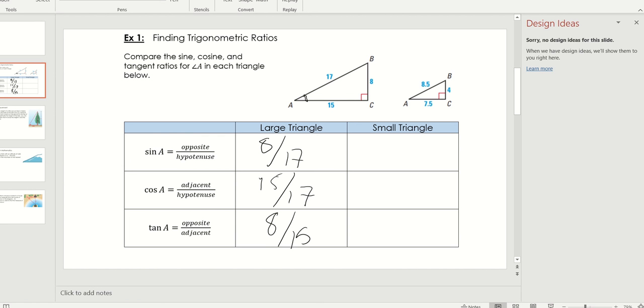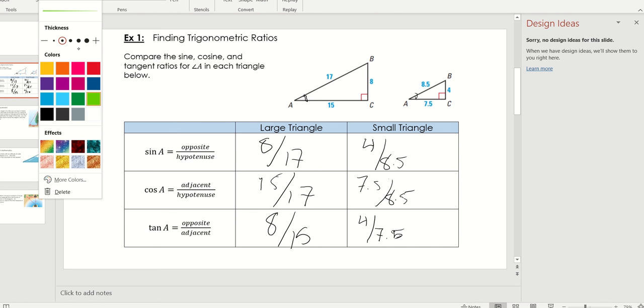For the small triangle, again, based on angle A, I have 4 over 8.5. I have 7.5 over 8.5. I have 4 over 7.5. So when we're asked to compare, I'm going to multiply the small triangle by 2 over 2 to get rid of these decimals.